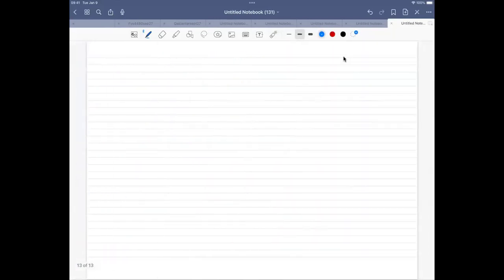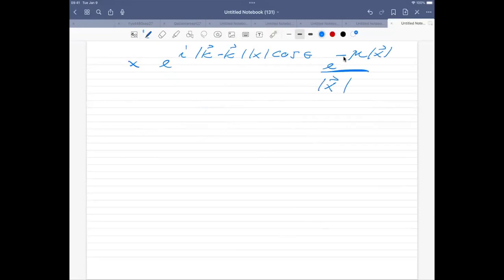This is now multiplied with e of i, and then I have my k prime minus k times x. So these are the absolute values, times cosine theta, and multiplied with e to the minus mu, and this is just now the absolute value, divided by x here.